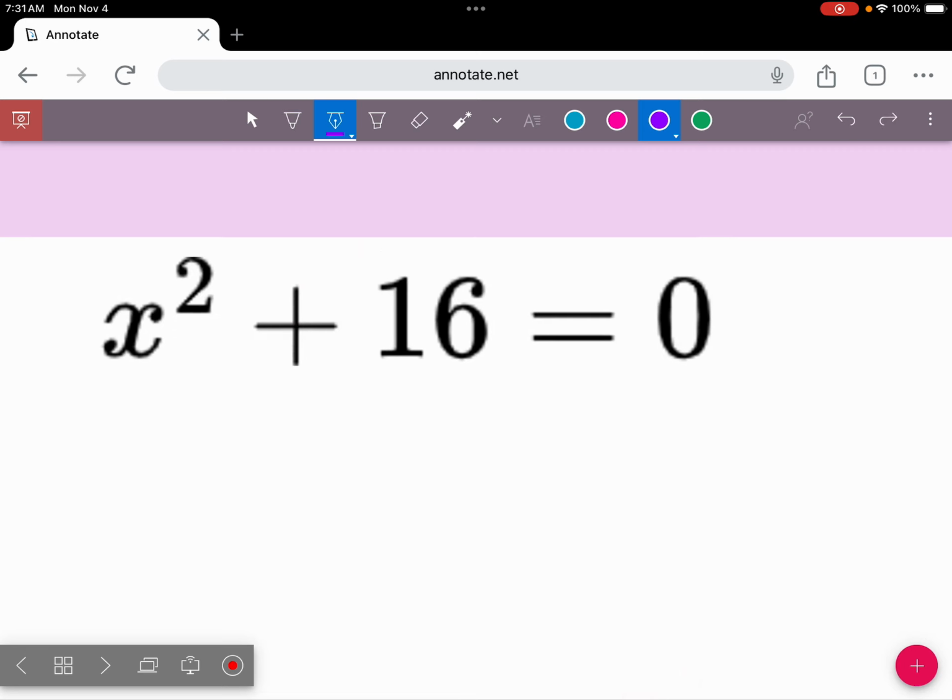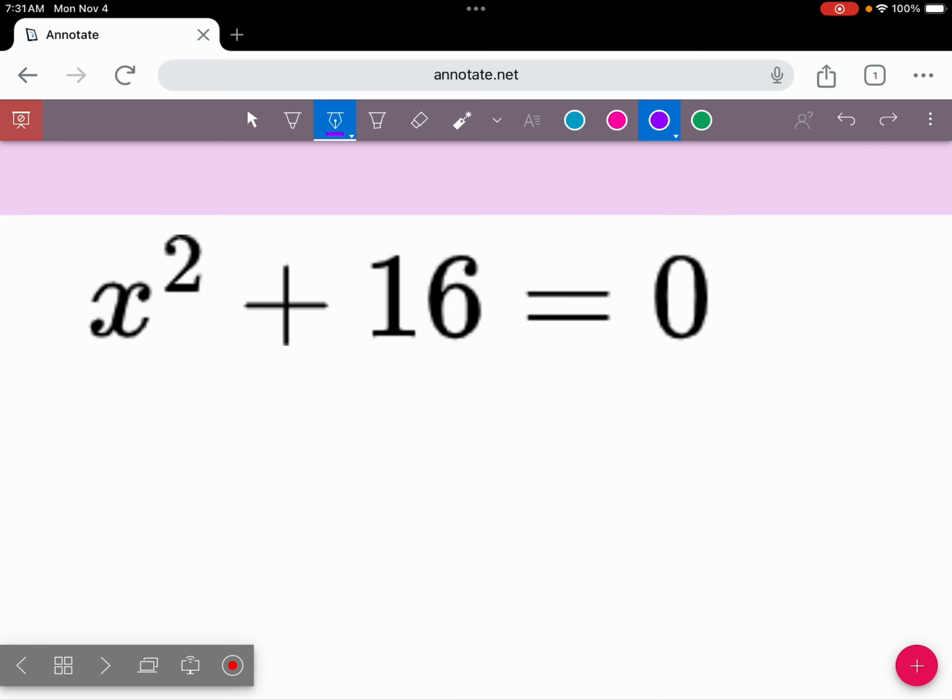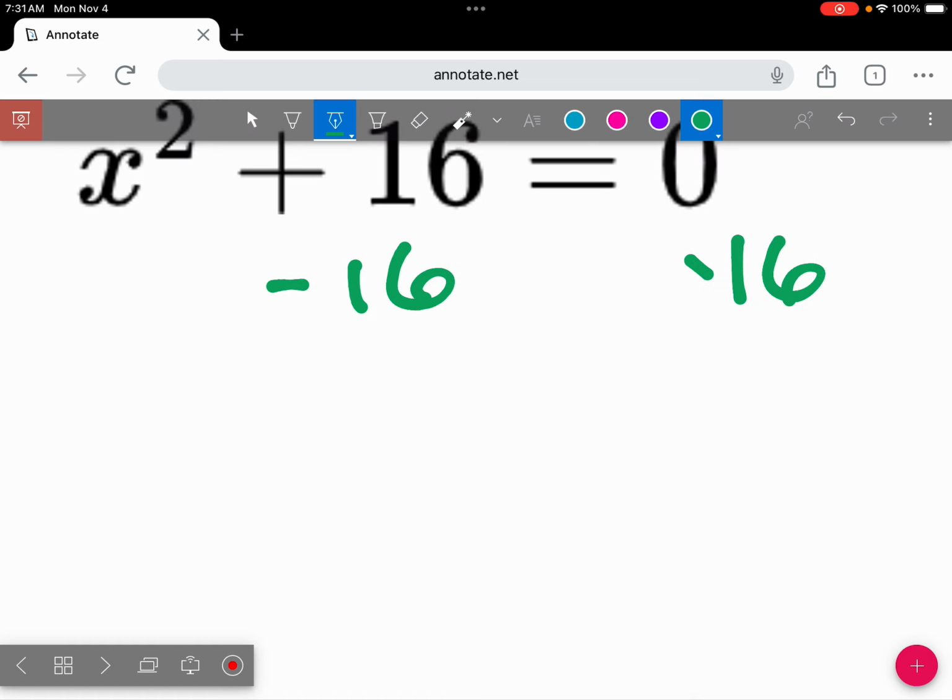All right, our next one we have is x squared plus 16 equals 0. Start with subtracting 16. So we're going to have our minus 16. Weird minus sign, that's okay. So we got our x squared equals 0 minus 16.